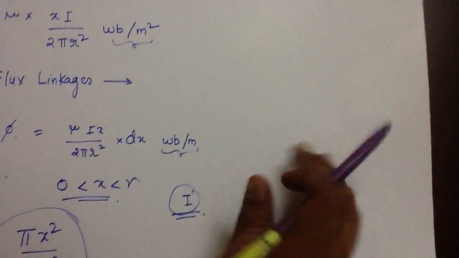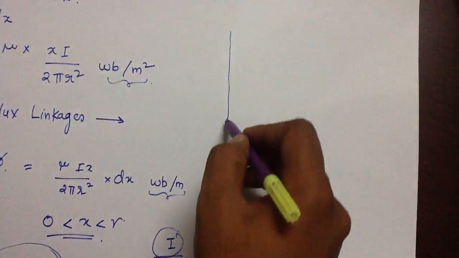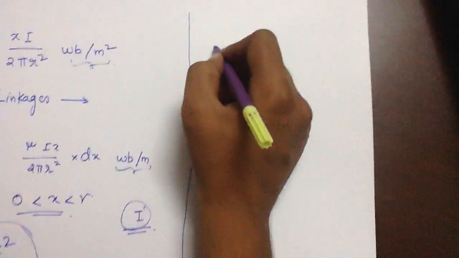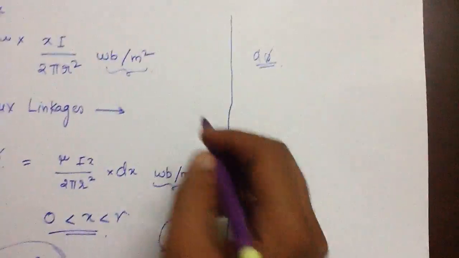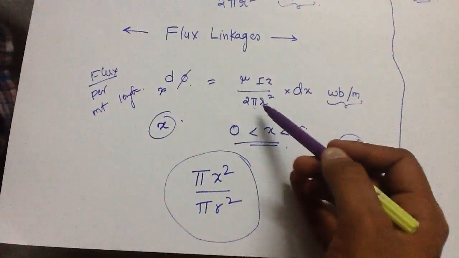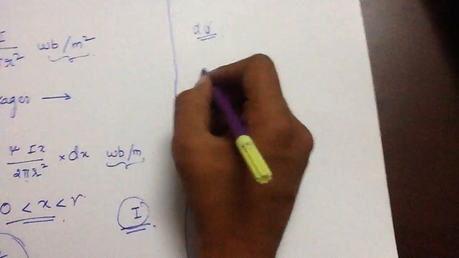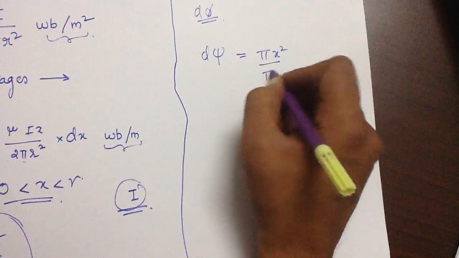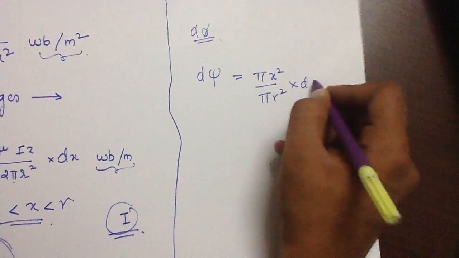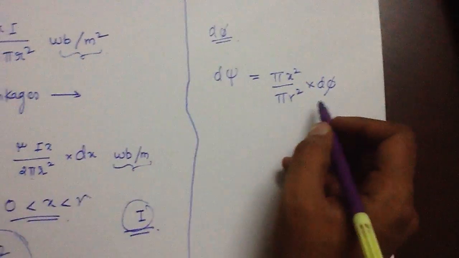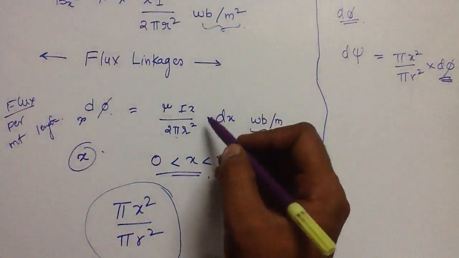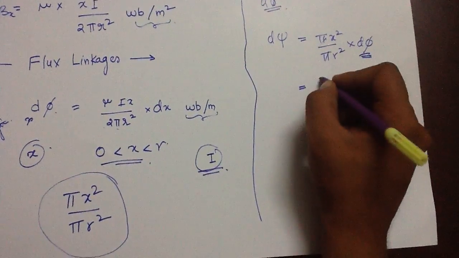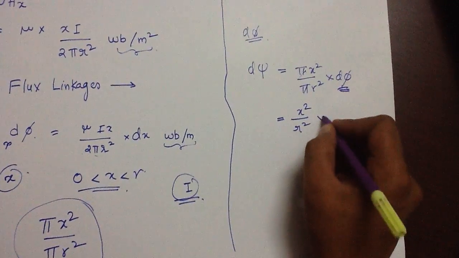So the flux linkage for d phi, what we have talked about before, is given by d psi is equal to pi x square by pi r square into d phi. You know the value of d phi. Substitute it. So d psi is equal to pi x square, pi and pi go off, so x square by r square into d phi.